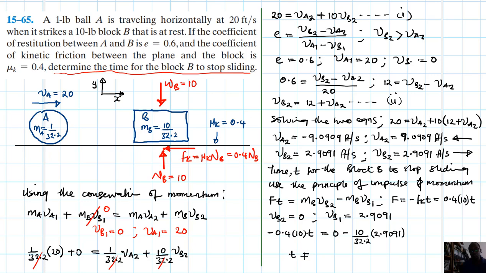Therefore, t is equal to 2.9091 divided by 32.2, divided by 0.4, and this gives us 0.2259.